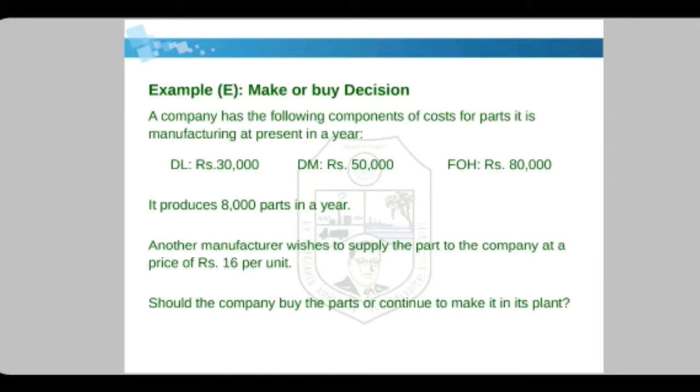Now there is one more company producing the same part and it is suggesting that instead of making the part, we will provide you the parts at rupees 16 per unit. Now should the company buy the parts or continue to make them in its own plant?